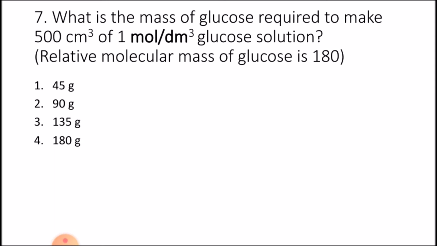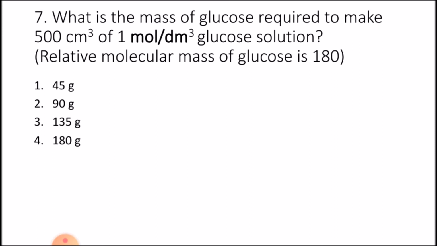Question number 7. What is the mass of glucose required to make 500 cubic centimeters of 1 mole per cubic decimeter glucose solution? Relative molecular mass of glucose is 180. Okay, that means they have defined the volume and concentration that they require to prepare.